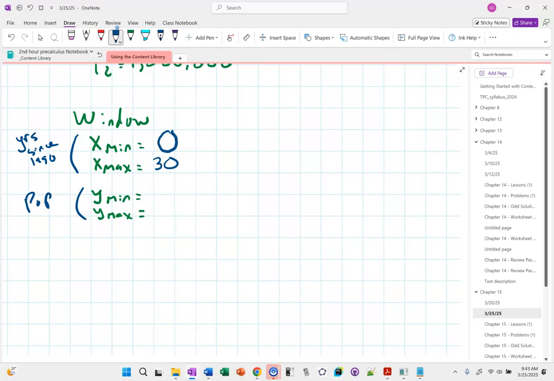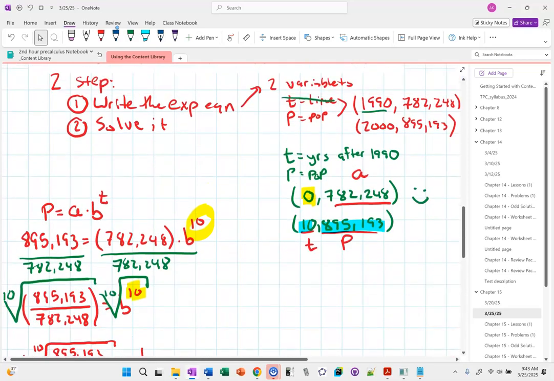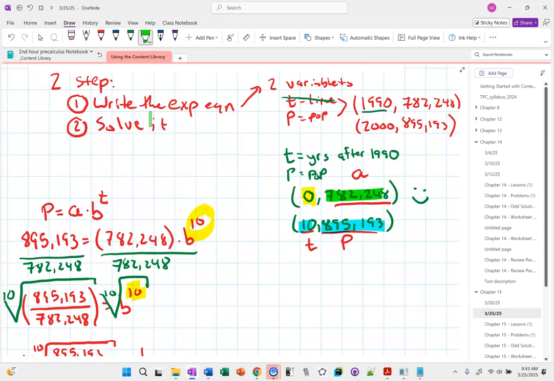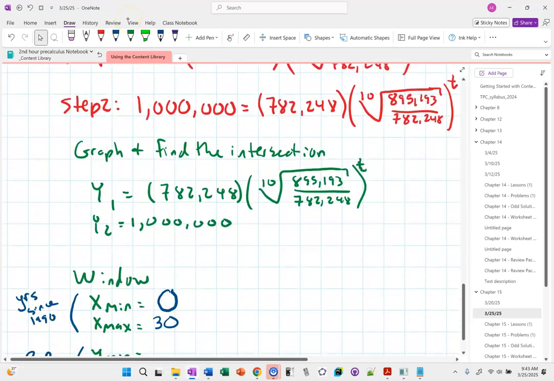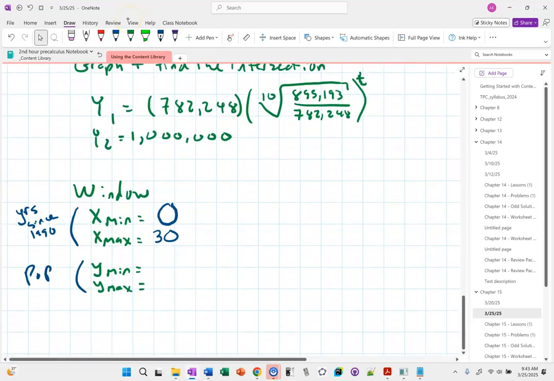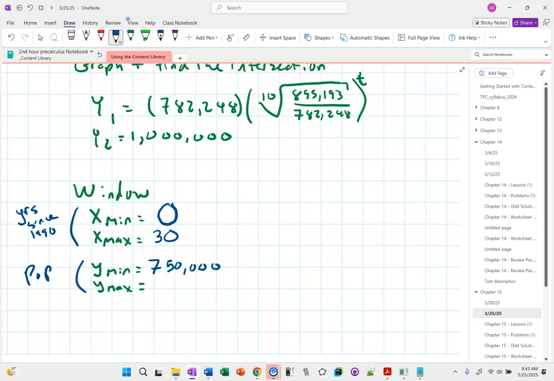Now, our y's are about population. So the smallest my population ever is this 782,000, right? So I'm just going to round down because I don't like goofy big numbers like that. I'm just going to call that 750,000, just a little less than whatever that minimum point is.